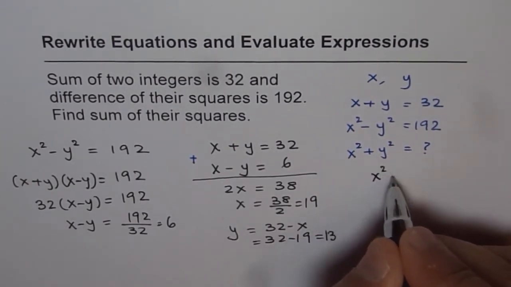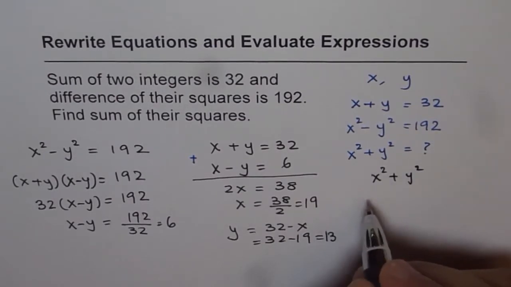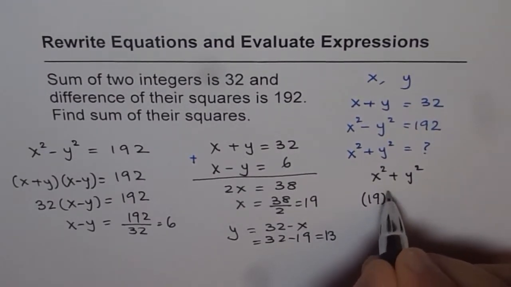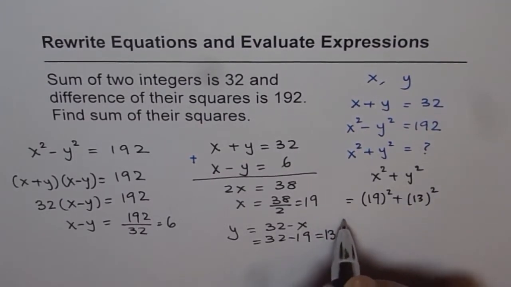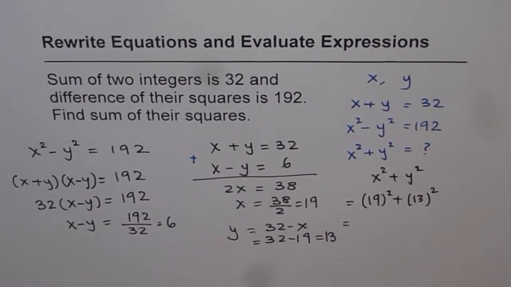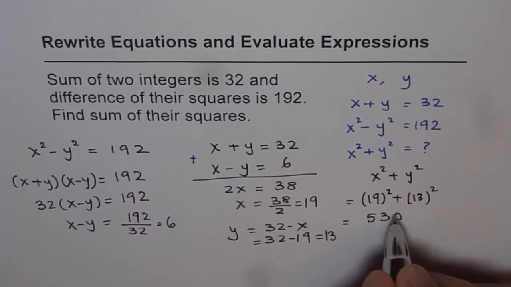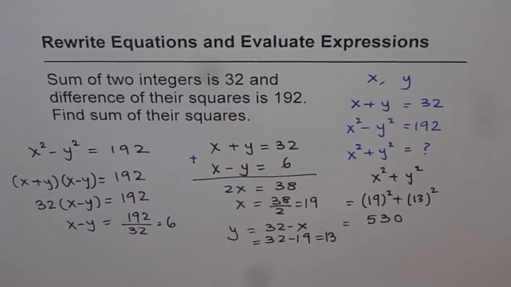So x square plus y square should be equal to 19 square plus 13 square, right? And let's use the calculator once again, 19 square plus 13 square is equal to 530. So that is how we can get our answer, right?